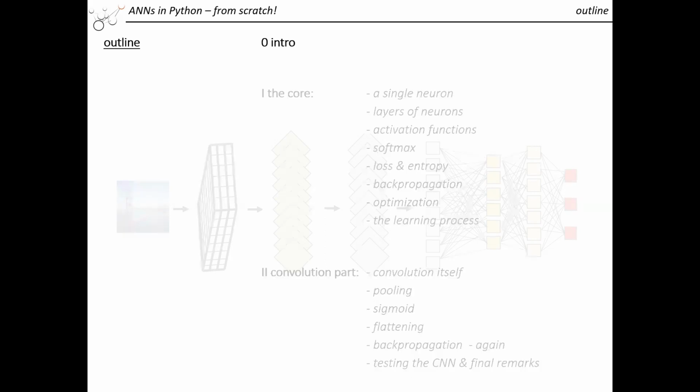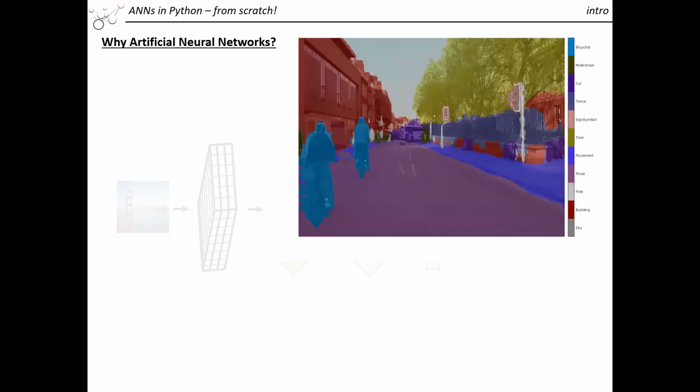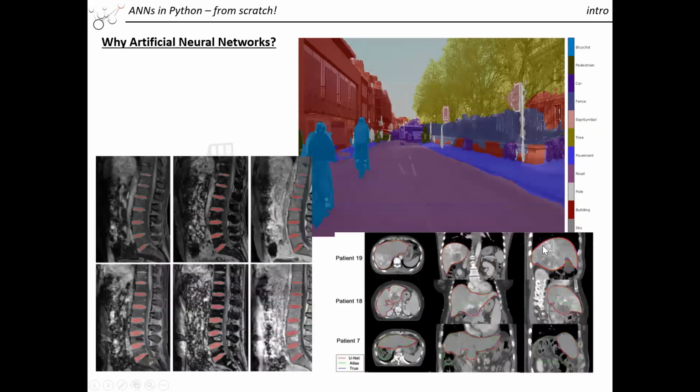But let me first introduce what a neural network actually is and why we need to talk about artificial neural networks. The first time they have been applied successfully actually was in terms of image processing. And what you see here, for example, is an image segmented into different regions, and also here as well.